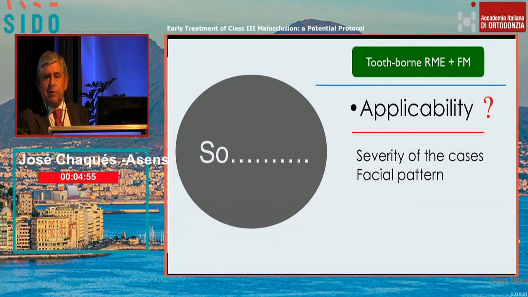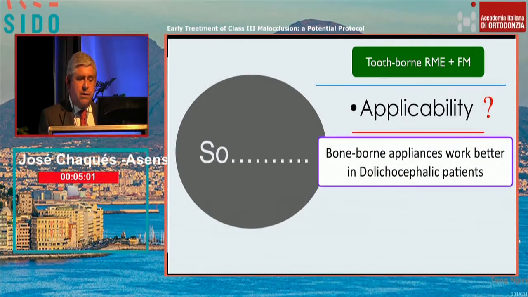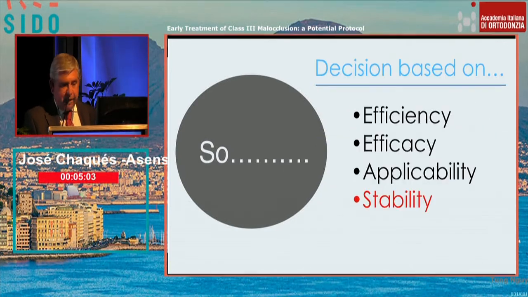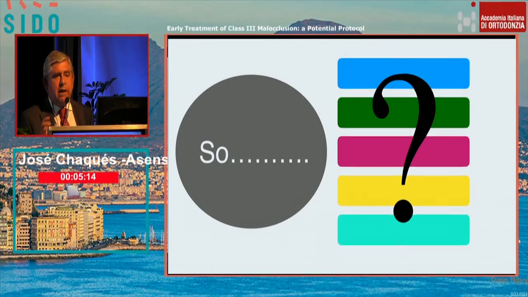Then facial pattern may be an answer. Timing may be another one. Bone-borne appliances work better in dolichocephalic patients. In terms of stability, I'm sorry, but we have no data to compare. So I'll leave you with a trembling question mark. That's what it is. That's the way it is now.